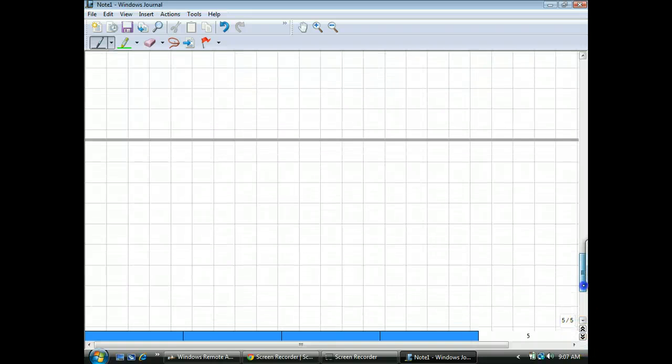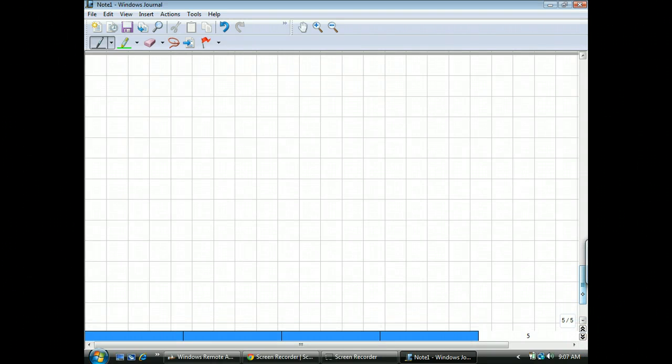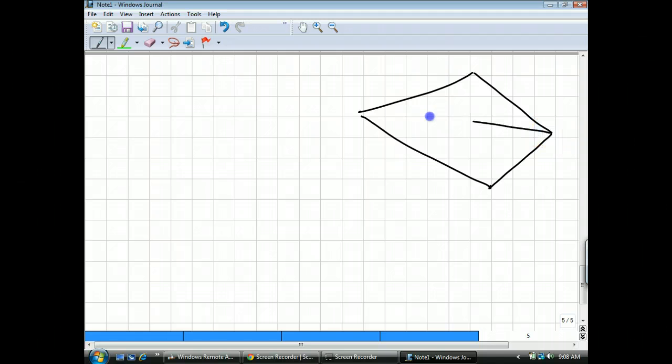In this example, we have this diagram. So this is A, B, C, D, and then we have angle 1, 2, 3, 4, 5, 6, 7, and 8.